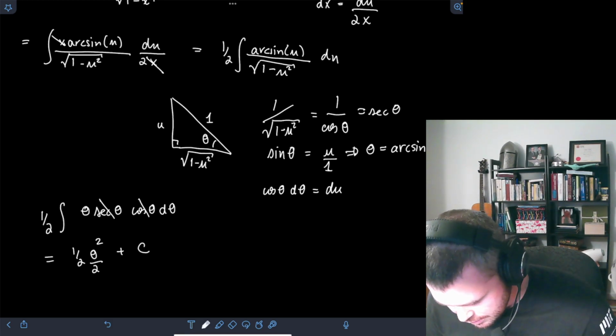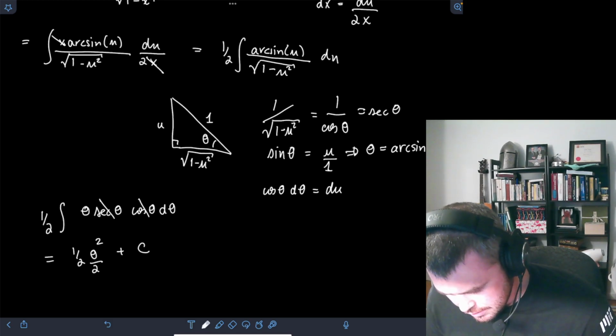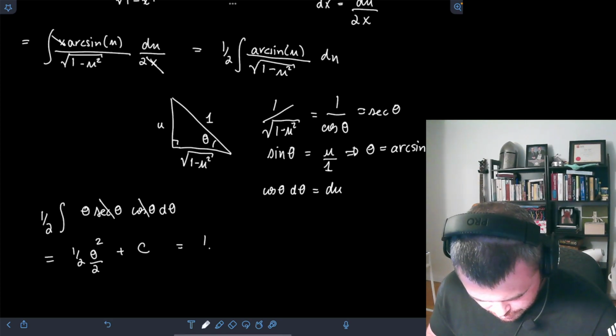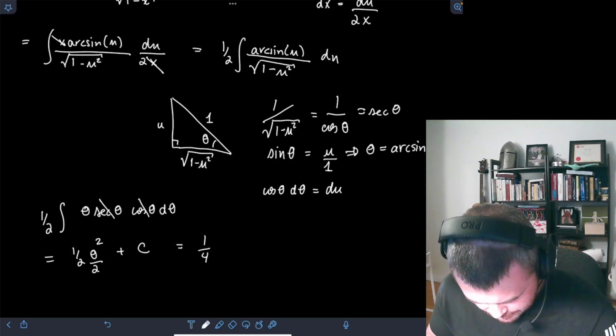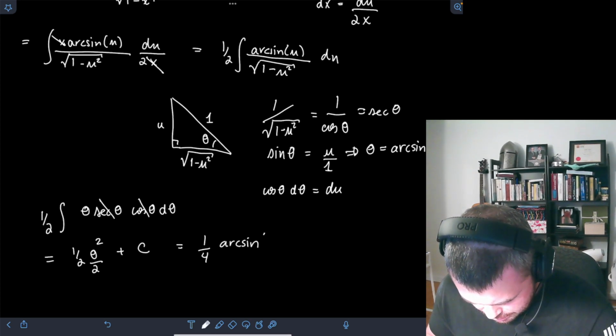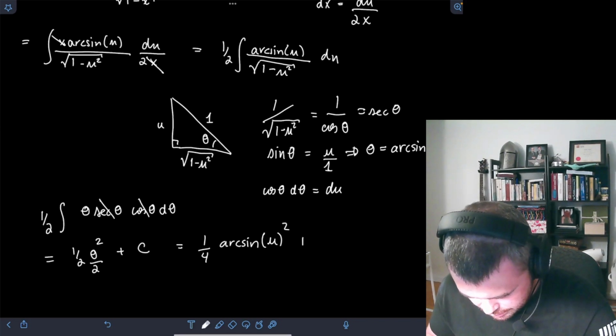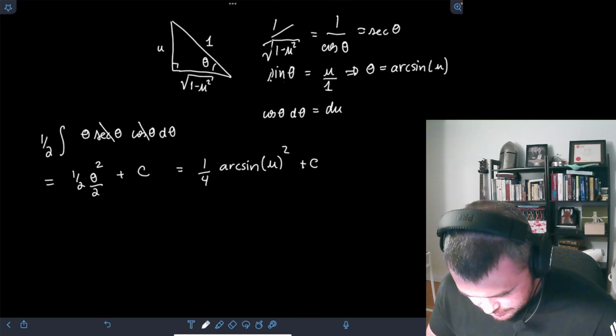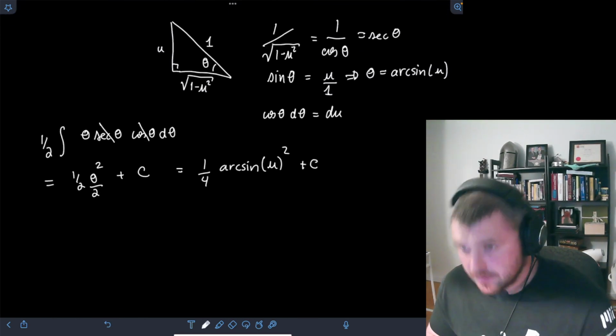But what is theta? Theta is nothing but arc sine of u. So this is equal to 1/4 times arc sine of u all squared plus c. And what is u? u is nothing but x squared.